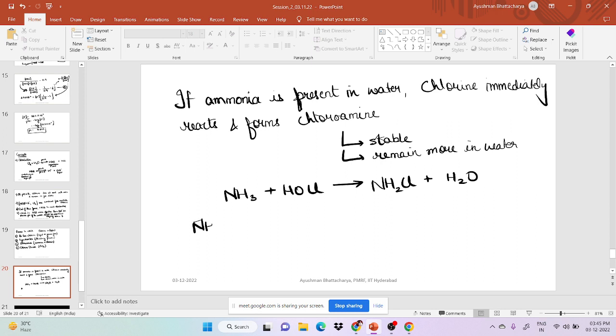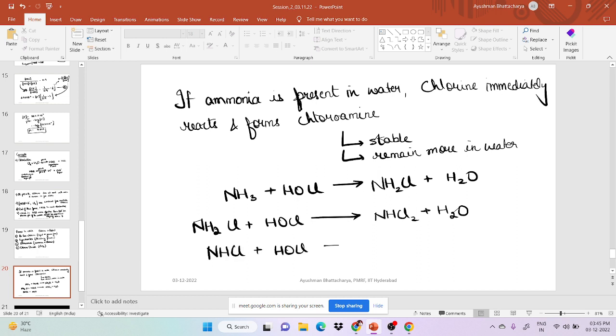Now if it is NH2Cl plus HOCl, it is dichloramine. If it is NHCl2 plus HOCl, it gives NCl3 plus H2O. So this is all about it.